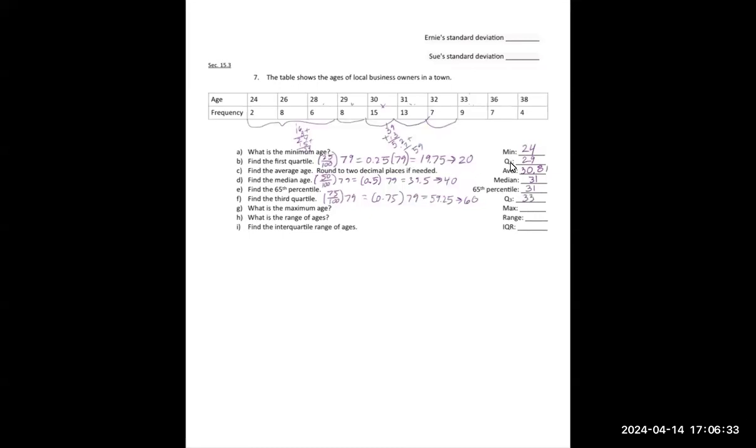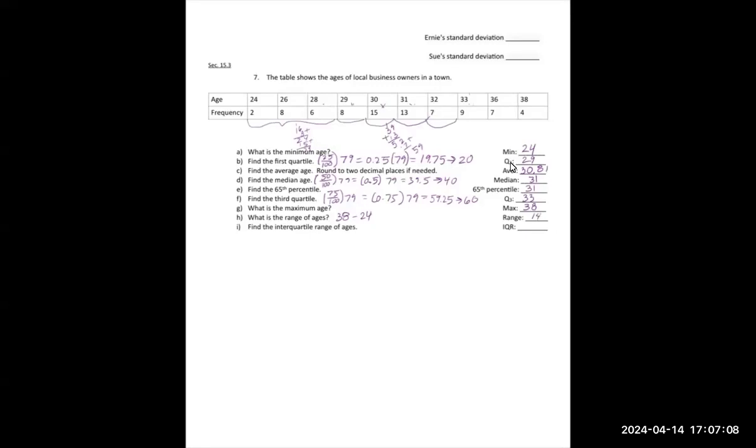Then they ask, what is the maximum age? Well, that one's just as easy as the smallest age, because these ages are all listed from smallest to greatest. 38 is the last one, and it is the greatest number of all those ages listed on the table. So 38 is our max age. What is the range? The range is always our largest data value, which is 38, minus our smallest data value, so looks like the range is 14.